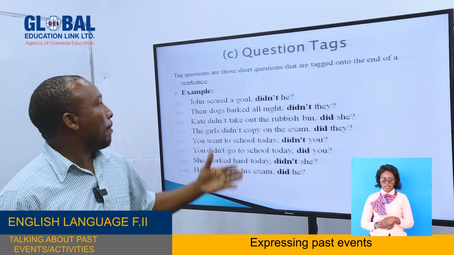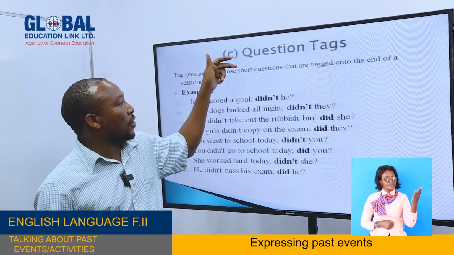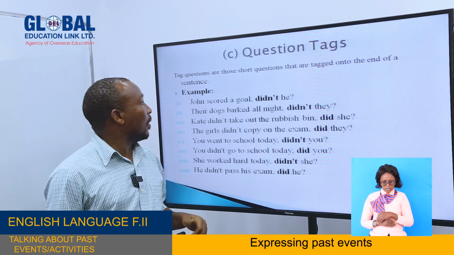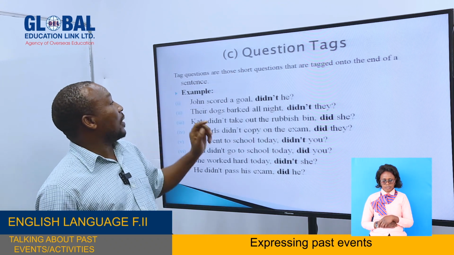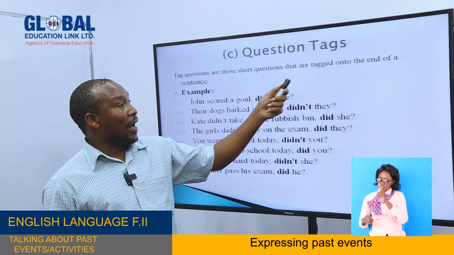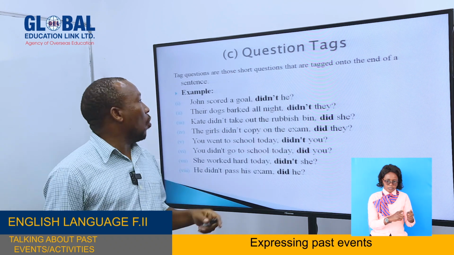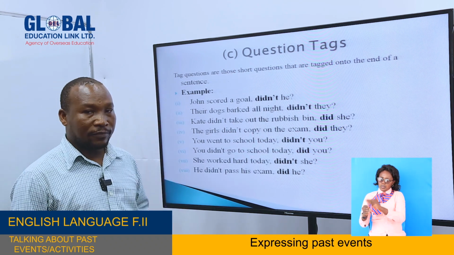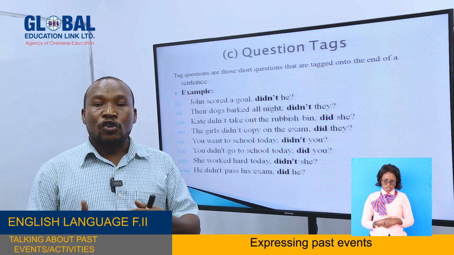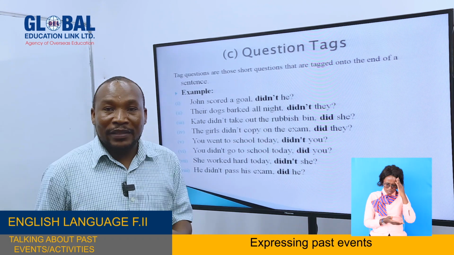This is question tags. Tag questions are those short questions that are tagged onto the end of a sentence. They also help us to know that these are past activities.